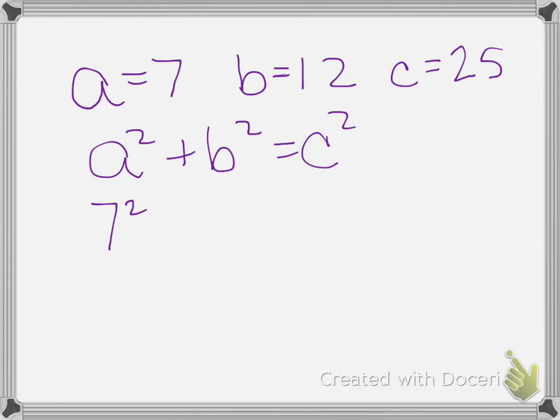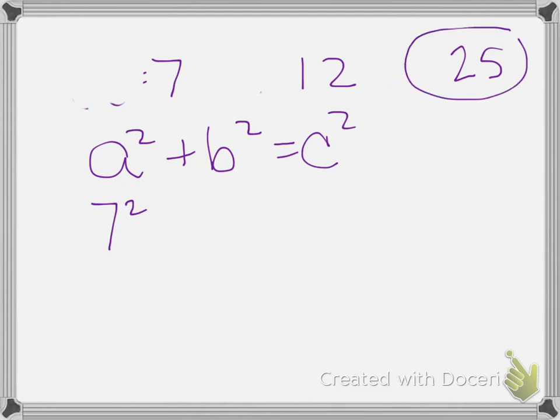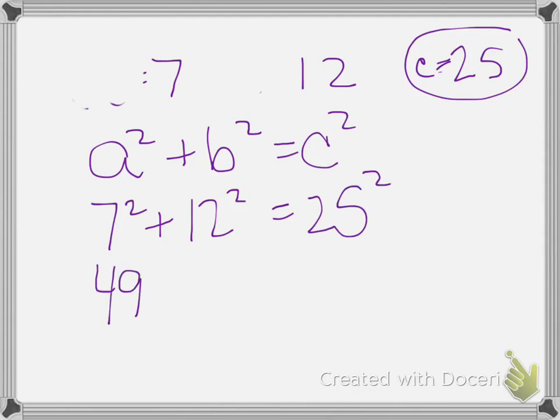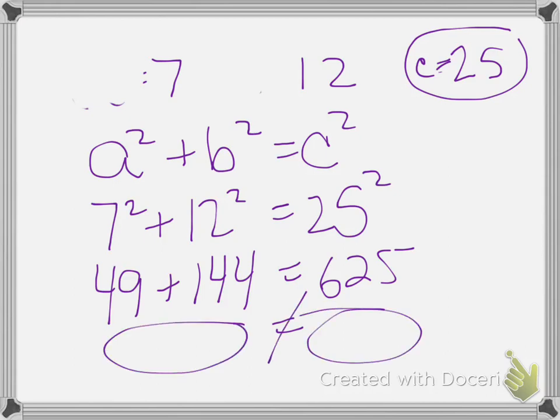They might not even tell you A, B, and C. They might just say I have a triangle that's 7 by 12 by 25. You have to know that 25 is your C because it's the longest side. So 7 squared plus 12 squared equals 25 squared. So 49 plus 144 equals 625. And there's no way that this is going to equal 625. So you say no, this isn't a right triangle. Sometimes you'll have problems where you just have to prove it.